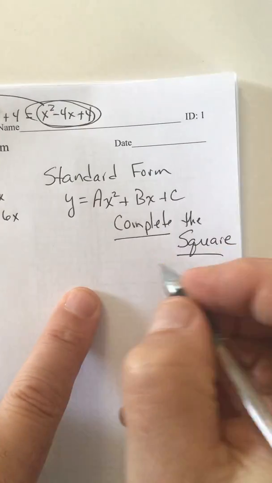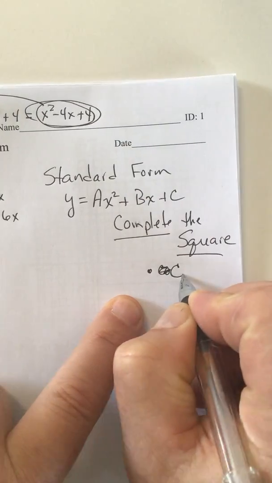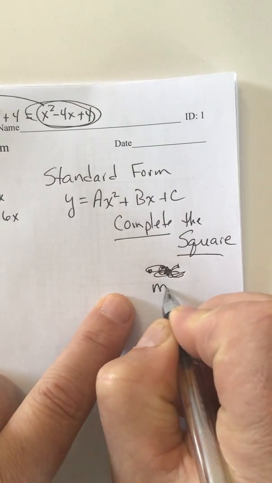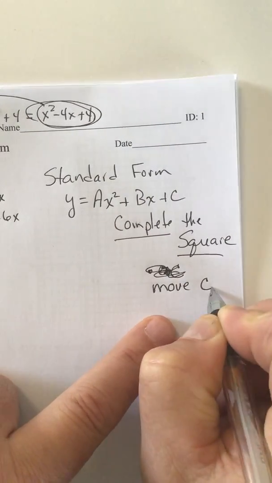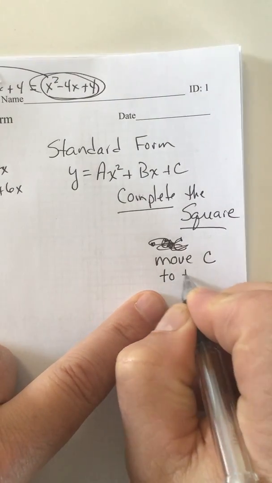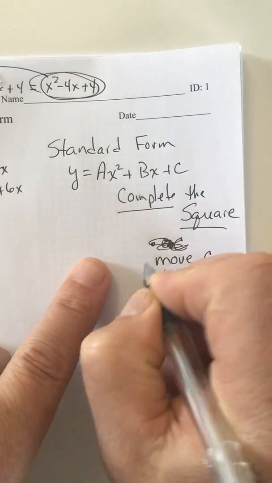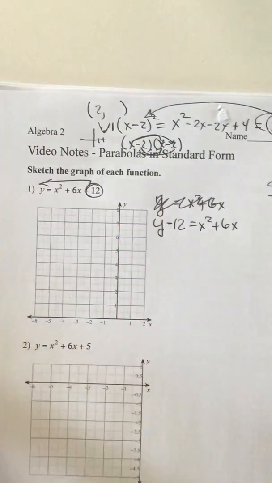So I'm going to jot that down over here. I'll just call it c. I'll say move c, this number, to the y side. Okay, so that would be the first step. I'm going to move the c number to the y side.